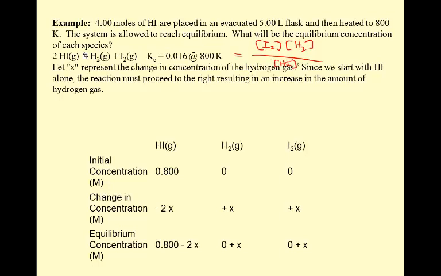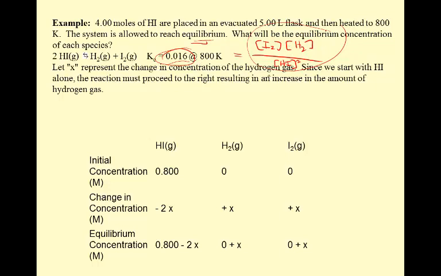But let's check, are there any solids or pure liquids? Gas, gas, gas, we're good. So basically we know this. We want to figure out the concentrations at equilibrium, each amount, because they tell us it's allowed to reach equilibrium. So it's going to equal this constant at equilibrium, and these are the values.